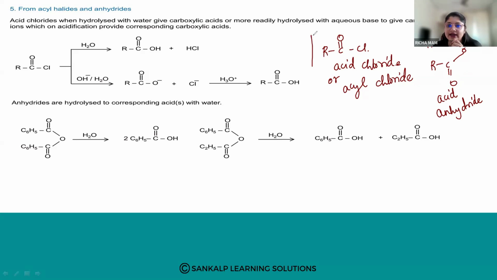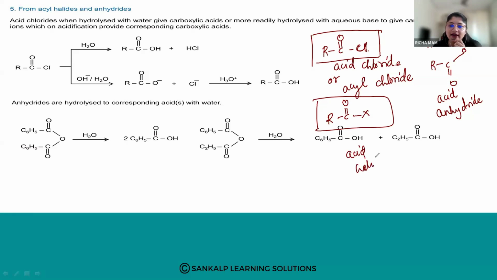This is acid chloride, as I have taken Cl. If I take RC double bond O X, it becomes an acid halide. X can be Cl, Br, iodide, like that. Most commonly we take chloride only, so we represent it as acid chlorides or acyl chlorides, and this is acid anhydride.